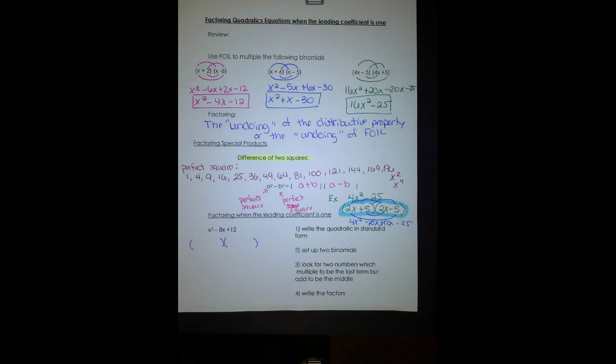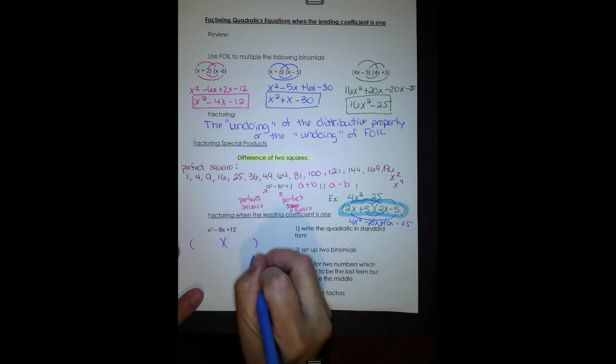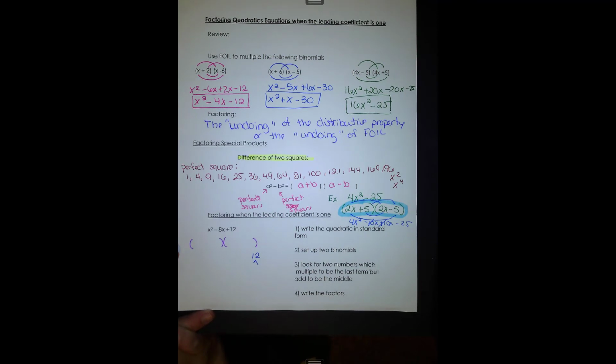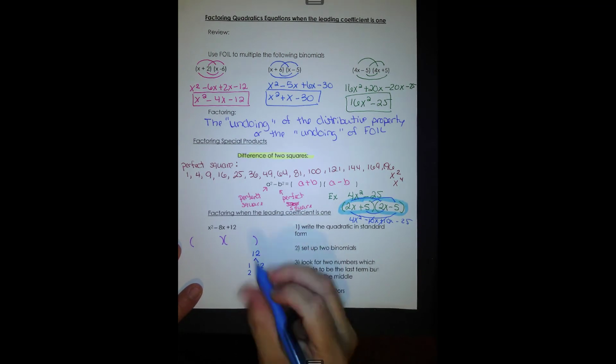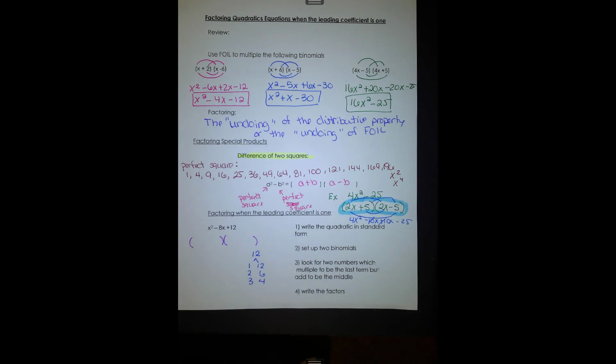the middle. So right now we're going to look for two numbers that multiply together to be 12. And different ways to get 12, remember, would be 1 and 12, 2 and 6, and then 3 and 4.